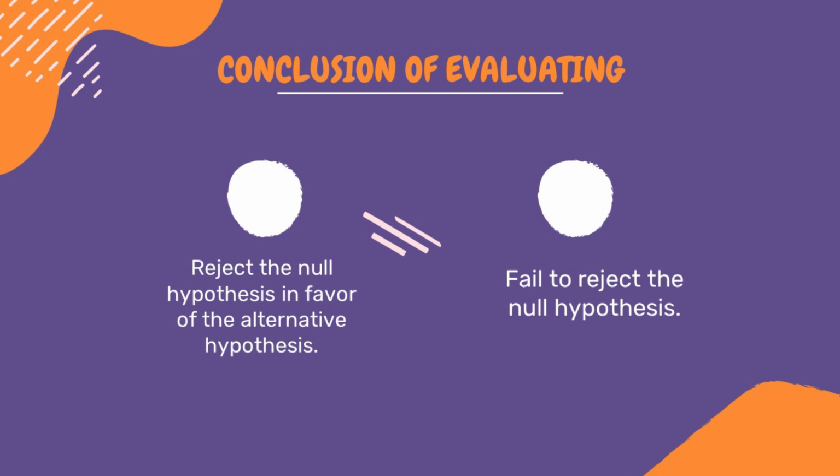Or fail to reject the null hypothesis. The difference in survival between the intervention and control group was not statistically significant. There was no significant increase in survival for the intervention group compared to control.